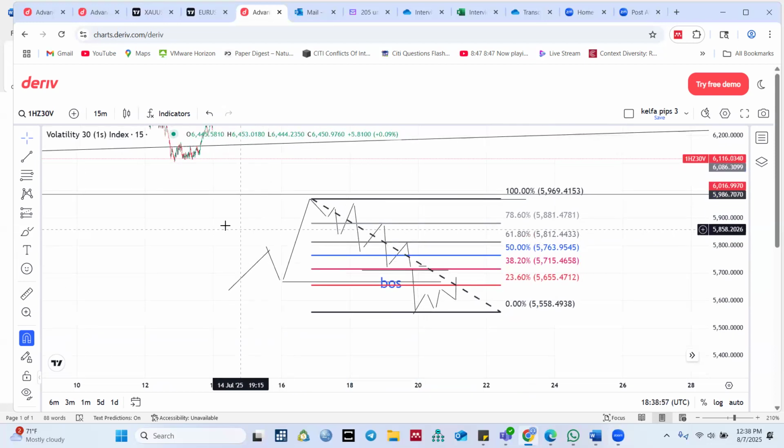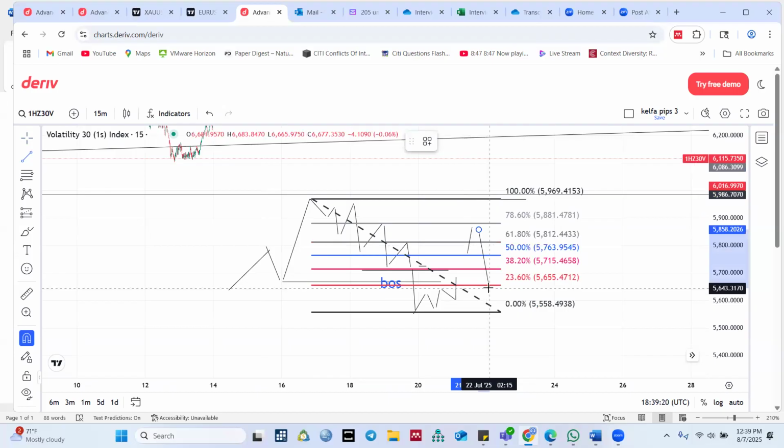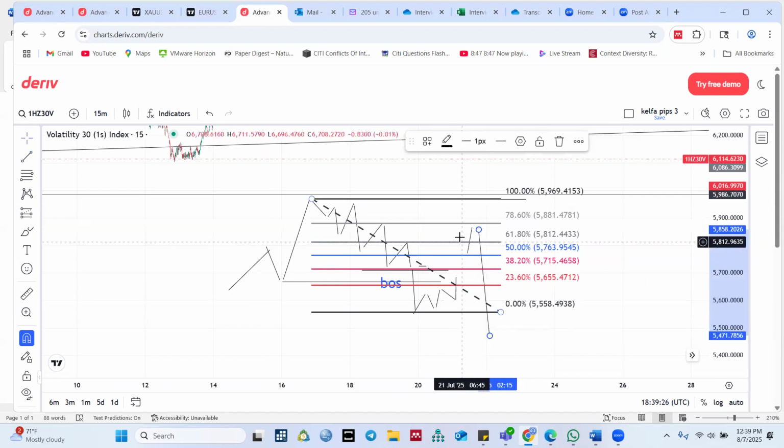So what do you wait for? Normally, you wait for the market to give us premium, which is above 50%, somewhere here. Then you can start to look for confirmation to sell to the downside. Definitely around somewhere here there will be a reaction above the equilibrium.